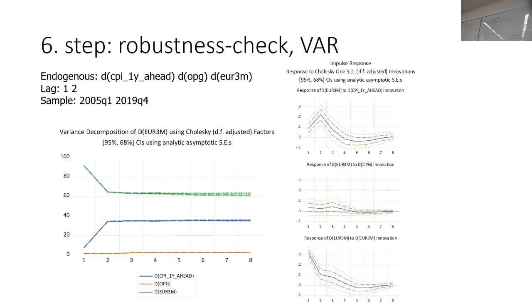And also we can run a VAR model for robustness checks, and in this case what we can see is that interest rates were only reacting to inflation expectations. So shocks are coming from inflation expectations, and it has a significant impact on the first quarter, second quarter, third quarter, okay, it's just at 68% confidence interval, not at 95%.